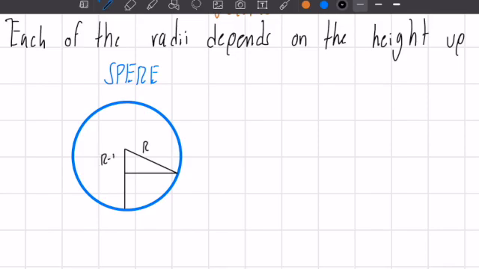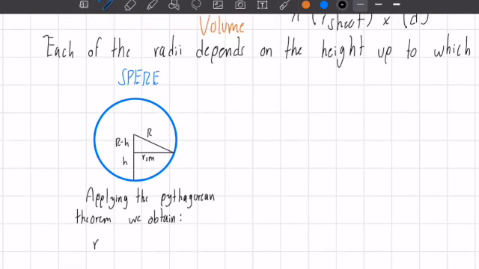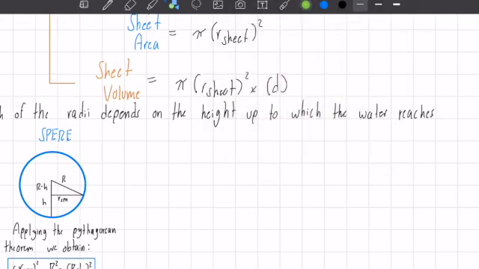As we can see, a right triangle has been formed, and thus we can apply Pythagoras' theorem to obtain the radius of the sheet of the sphere with the following formula. Radius of the sphere sheet squared is equal to r squared minus (r minus h) squared.